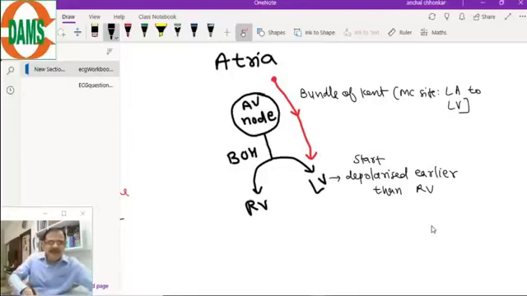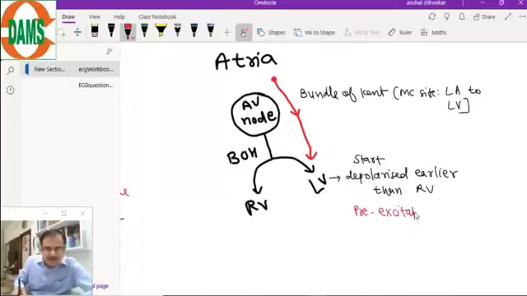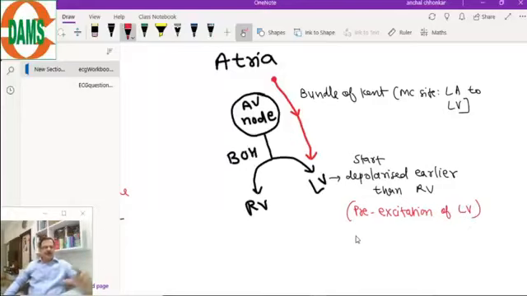So there is a terminology known as pre-excitation of the left ventricle. It is the left ventricular muscles which get pre-excited.